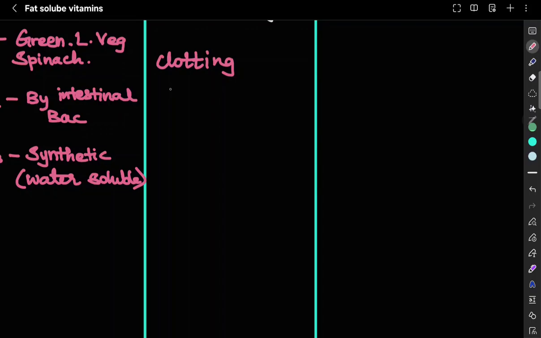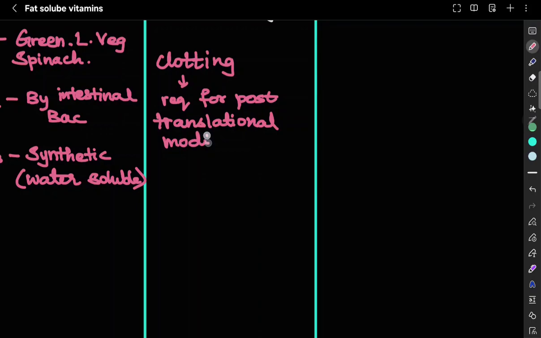So they are required for post-translational modification of clotting factors 2, 7, 9 and 10.